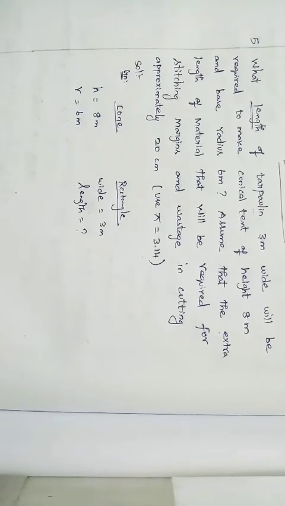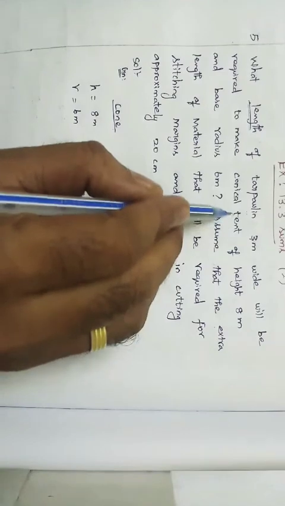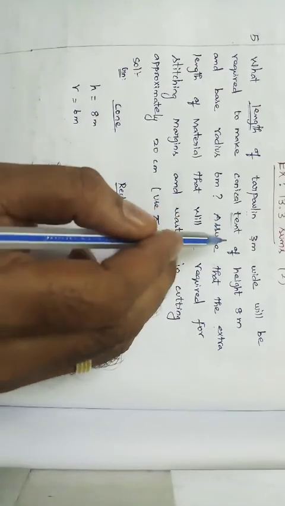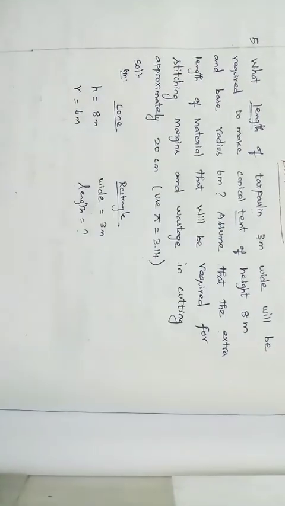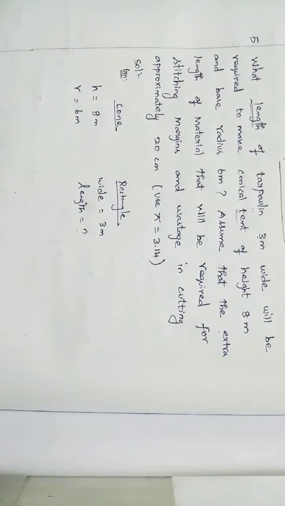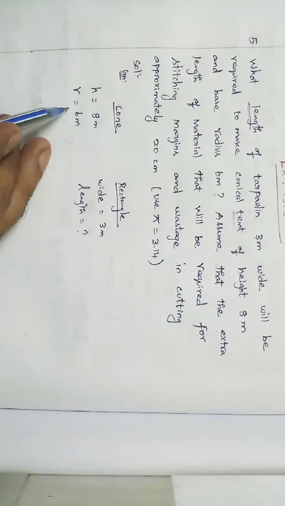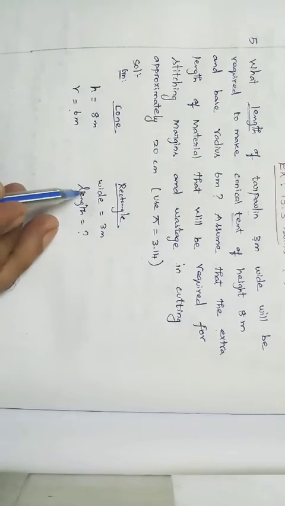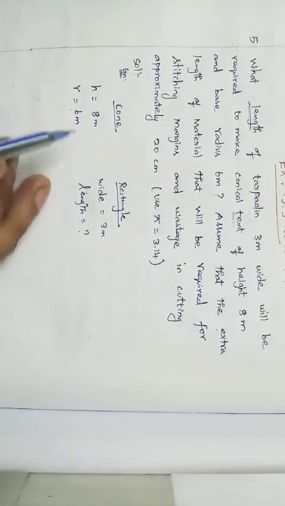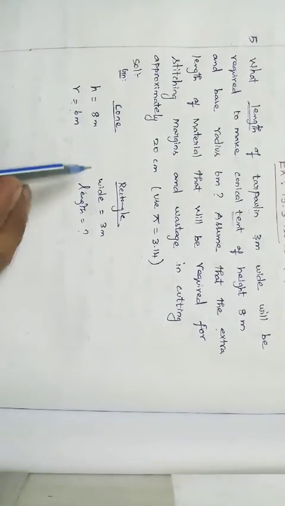Curved surface area. Yesterday in class I told you that whenever we have a conical tent or cylindrical tent, whenever we have the word tent, always we want to calculate the curved surface area alone. Don't calculate the total surface area. So curved surface area of a cone is equal to area of a rectangle.